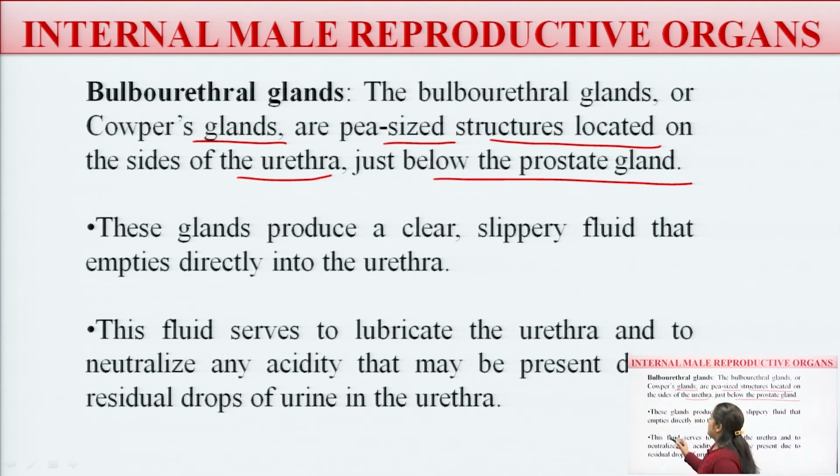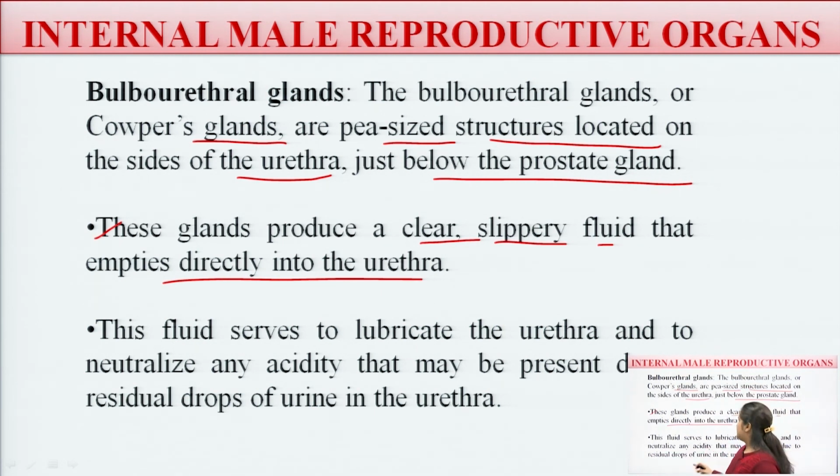These glands produce a clear slippery fluid that empties directly into the urethra, and this fluid serves to lubricate the urethra and to neutralize acidity that may be present due to the residual drops of urine in the urethra. So it also neutralizes the acidity.